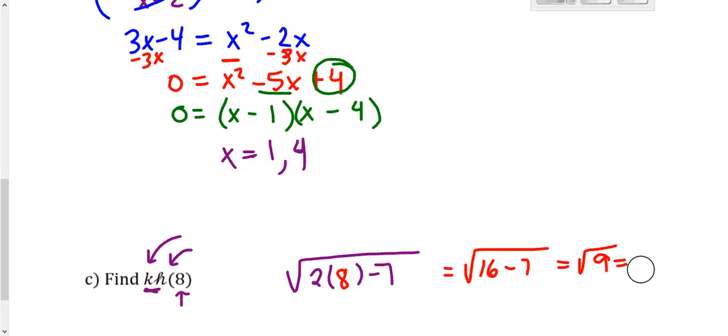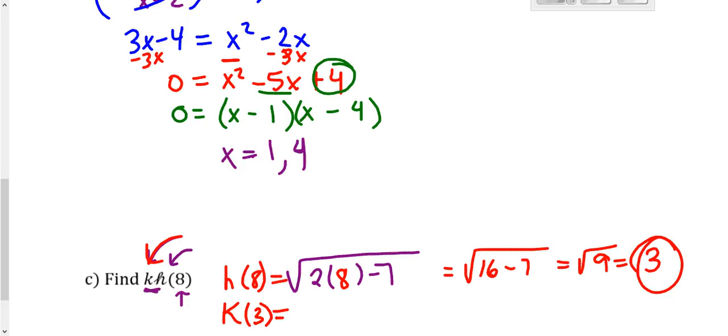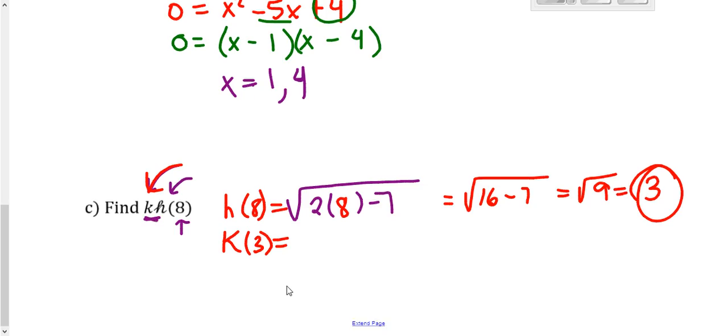Sorry, let me erase that. And that was h of 8. So now we plug that number that we get into k. So we have k of 3, and k is 3 times x minus 4 over x minus 2.